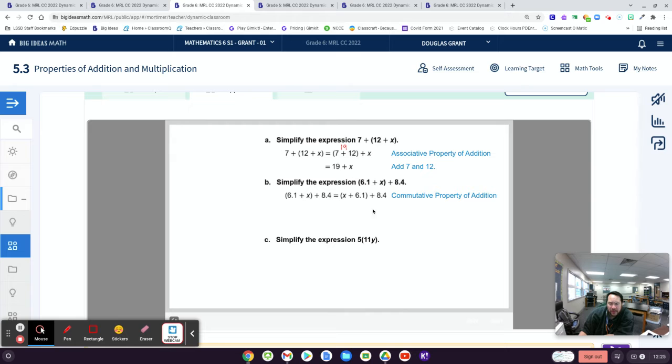Okay, now you've gotten to this point. So now, how do you move these parentheses so that you're not adding the x to the 6.1 first? Yeah, that's the associative property of addition. It says you can now move these parentheses over to here, and then you can add those numbers, which is 14.5, to simplify to x plus 14.5.